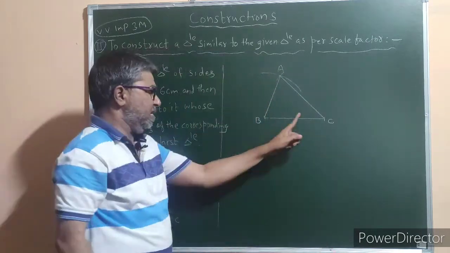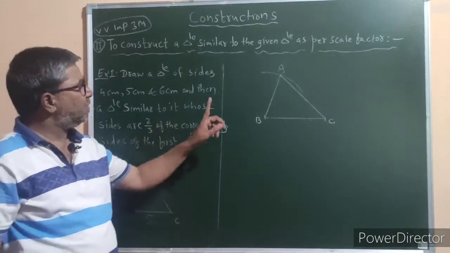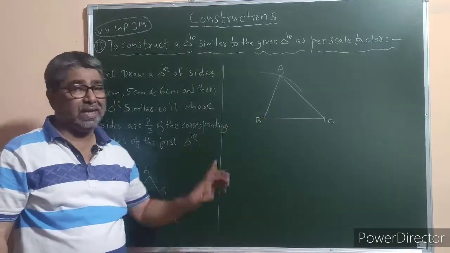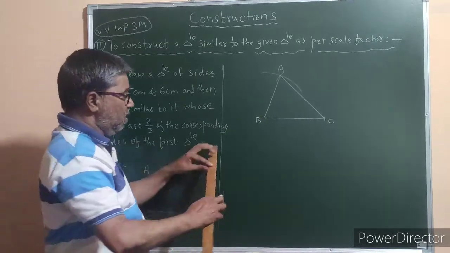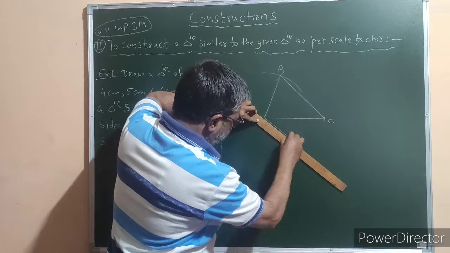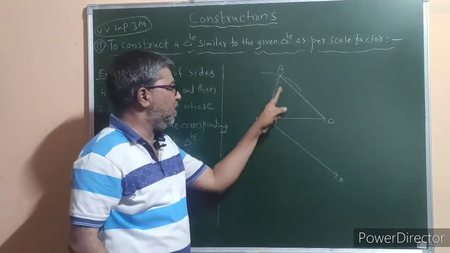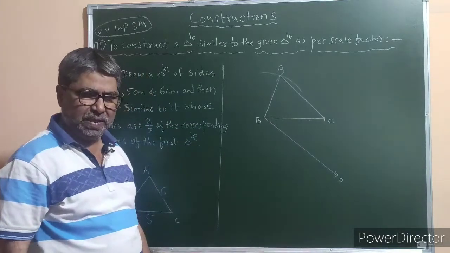This is triangle ABC. Now to construct a similar triangle to this triangle, you have to draw a ray BD making an acute angle with side BC of triangle ABC.